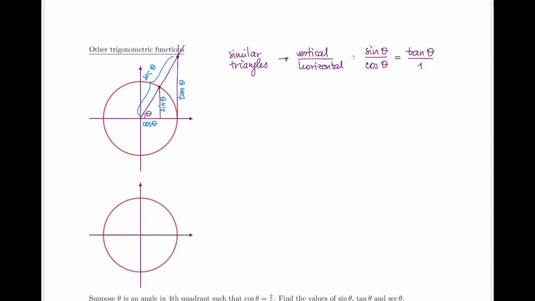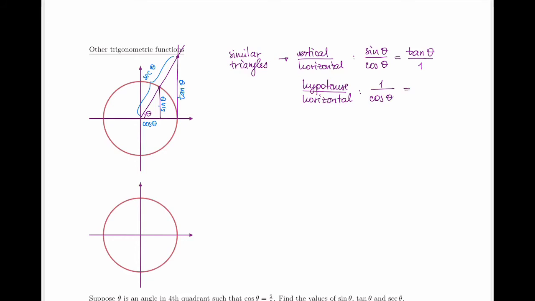Taking the corresponding ratios of the hypotenuse to the horizontal side, let's see what this will yield. So in my small triangle, the hypotenuse is 1 because it's the radius of the circle, and the horizontal side is cosine. So I have 1 over cosine of theta.